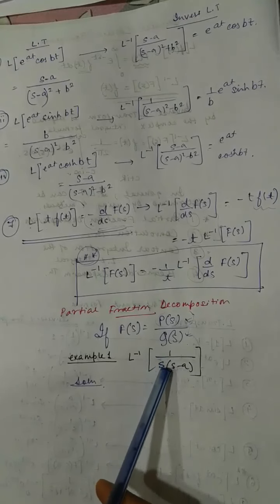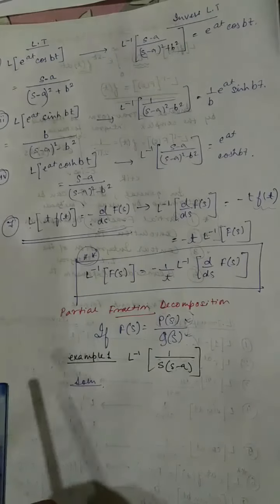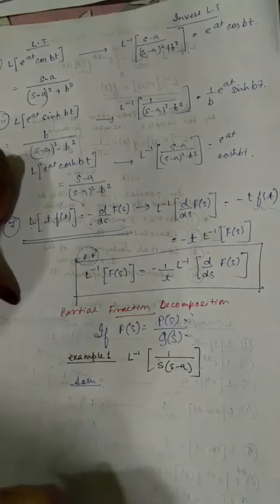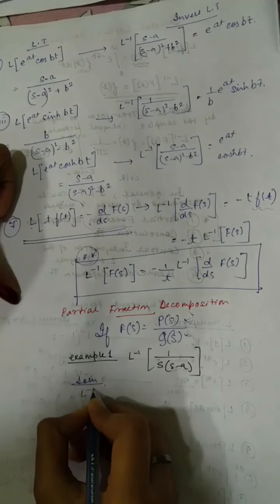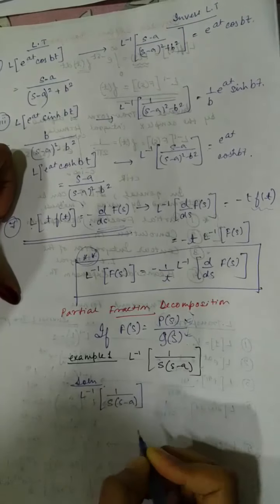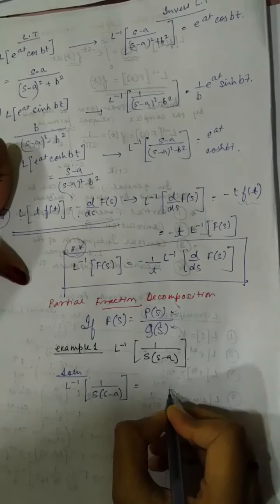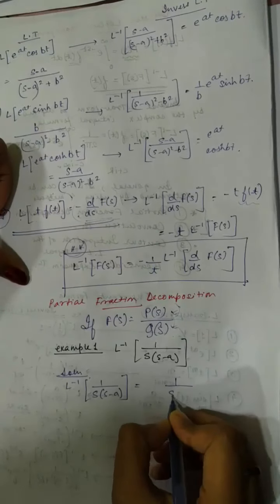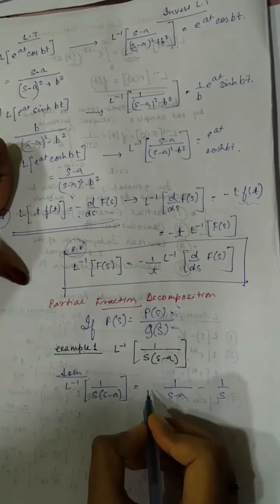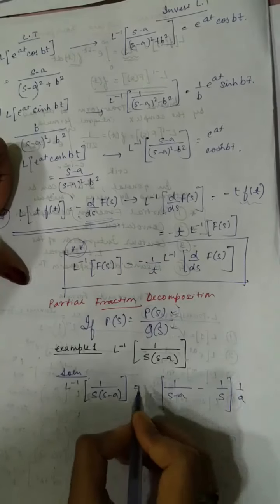So if we decompose it into partial fractions, we will be able to write the inverse Laplace transform of the entire function. So inverse Laplace of 1 by s minus a is equal to, you can straight away find it, 1 divided by s minus a minus 1 by s, and a 1 by a comes out, right?